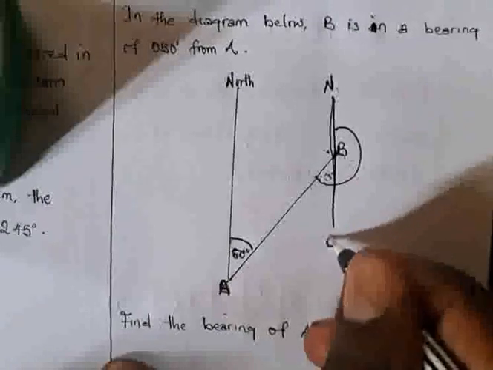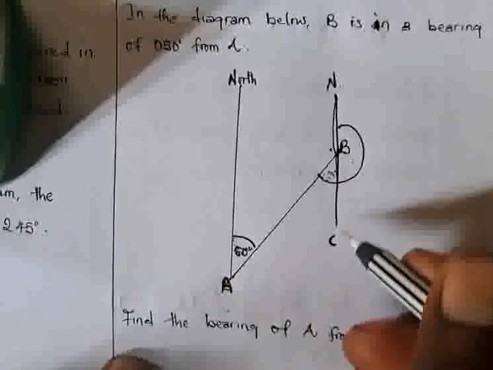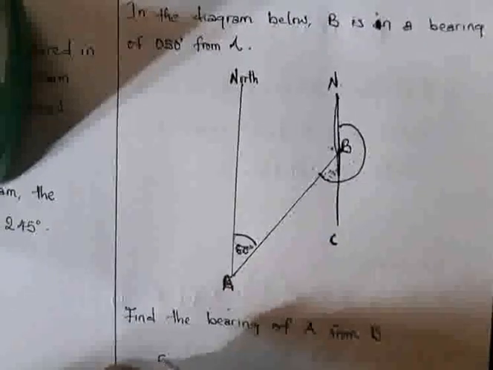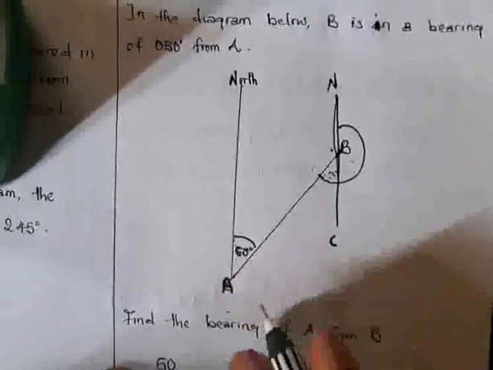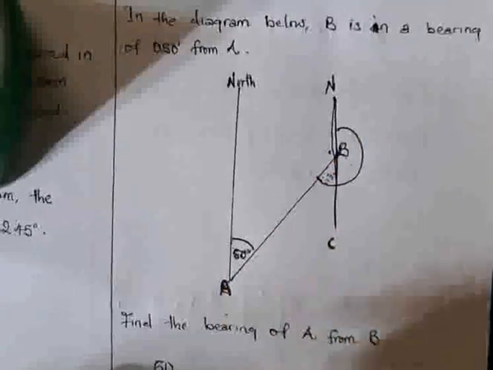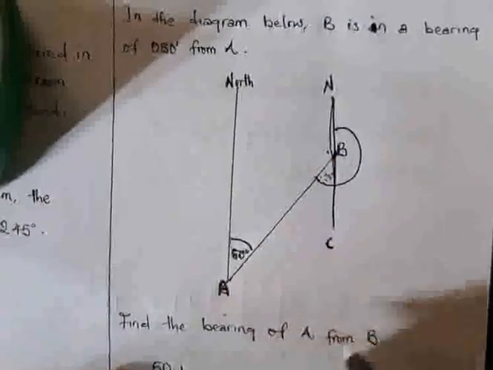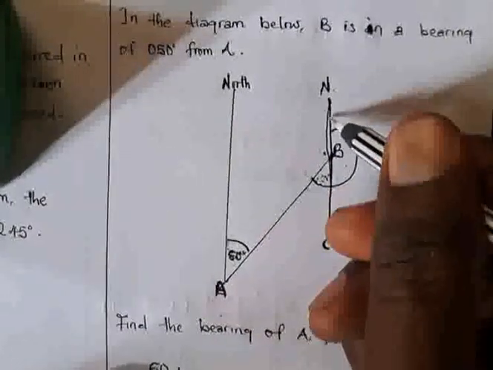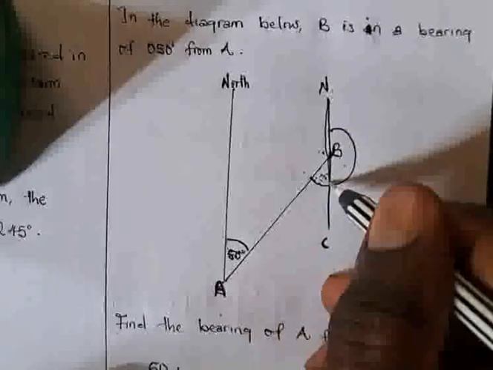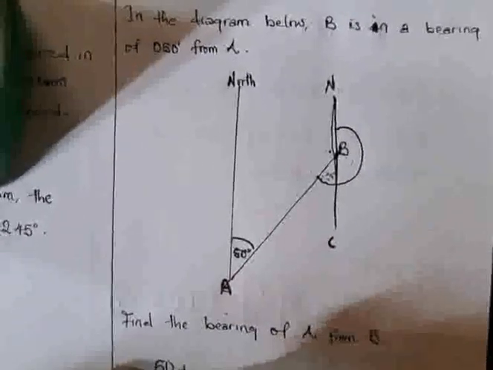Let's put this one to be C. So angle ABC is 50 because they're alternate angles to angle north AB. Then this one here, from this point up to this point, is on a straight line, and a straight line adds up to 180.